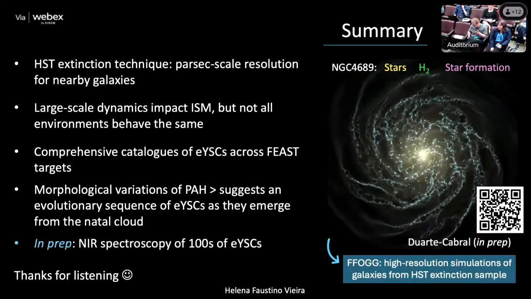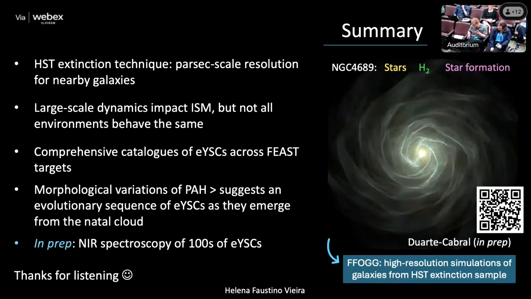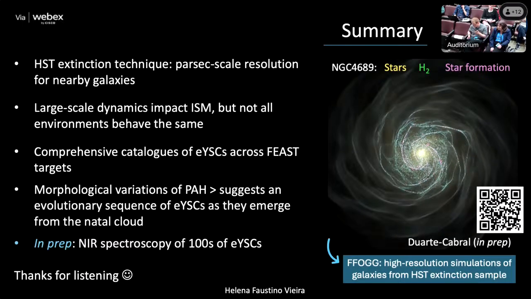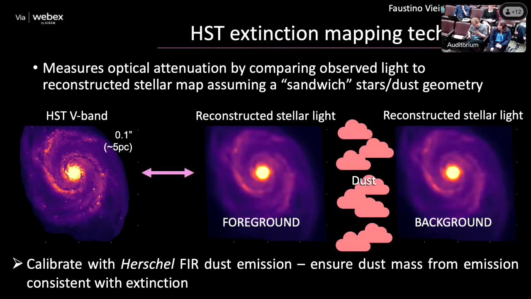Sure. So essentially, I go back to that one. We have the original image where you have all of these prominent dust lanes, and then you have what we reconstruct as a stellar light. Essentially between here and here, what we do is we remove as many bright point-like sources as possible. And then we median filter the image to try and interpolate over the extinction features.